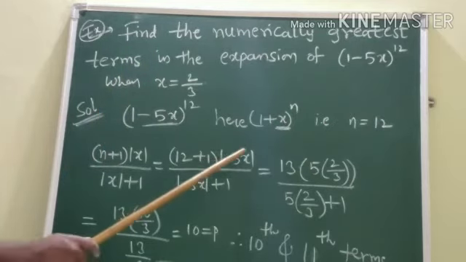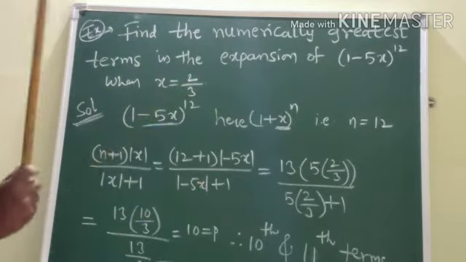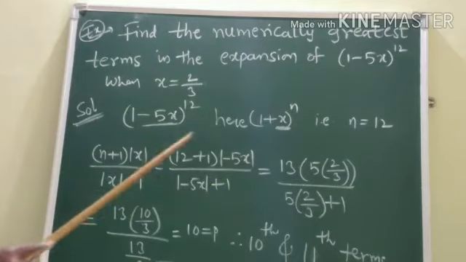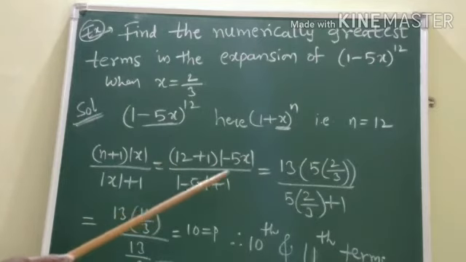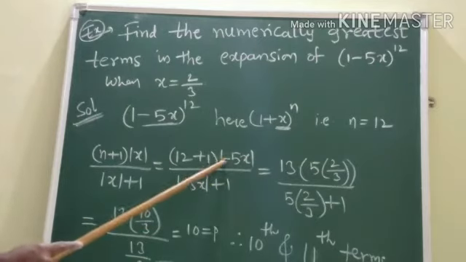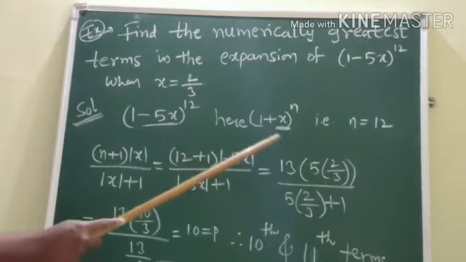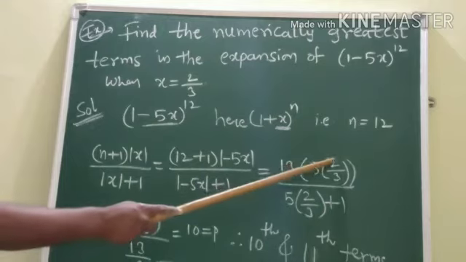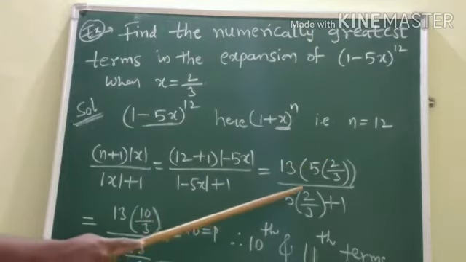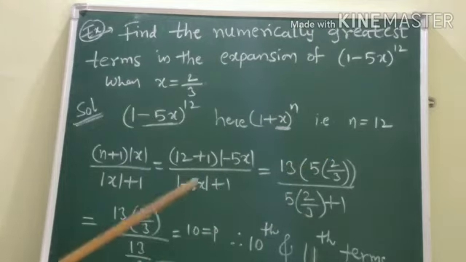Here substitute x as 2/3. We get 13 times 5 times 2/3 over 5 times 2/3 plus 1.